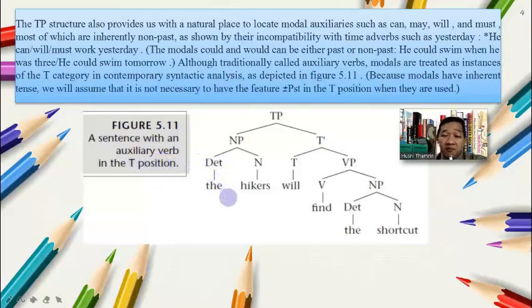Okay, in the previous discussion we used the hikers, where there is no modal, it means past tense, but this is not into past tense. Okay, the head tense phrase is divided into noun phrase, determiner and noun: the determiner the and noun hikers as the subject, and then there is an auxiliary verb, will.